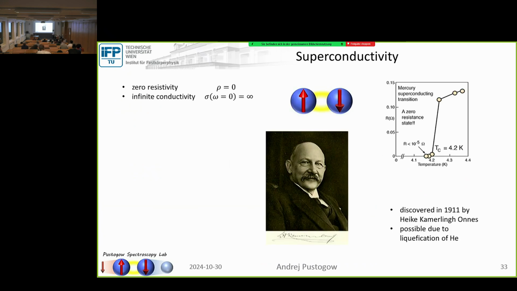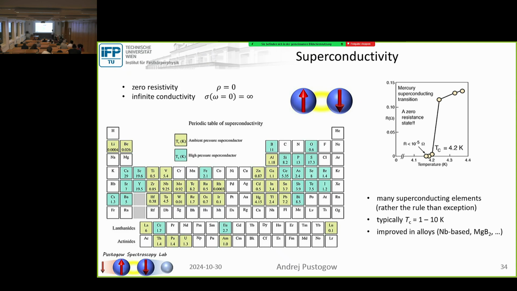Superconductivity was discovered more than 100 years ago by Kamerlingh Onnes, first on mercury, because mercury was a very clean material and he was the first who could cool it down to these low temperatures. Nowadays we know that almost every element is superconducting, so this is pretty common.